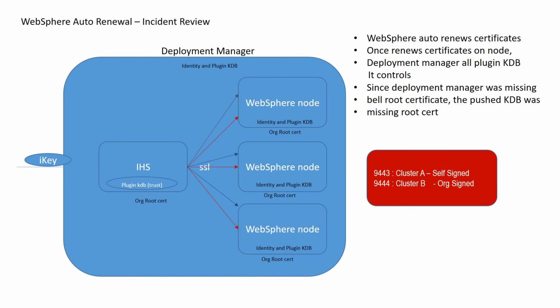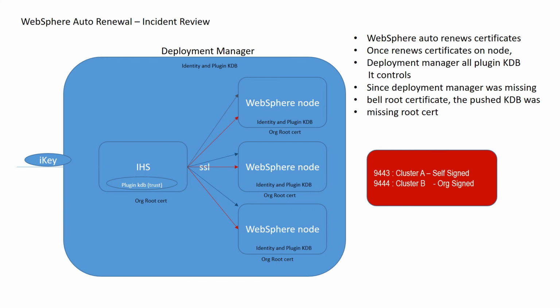One of them has a self-signed certificate managed by the deployment manager, and the other one has an organization signed certificate. So when it was time to renew the self-signed certificates, which is managed by the deployment manager, the deployment manager renewed the certificate, signed it with its root, and updated the KDB file.